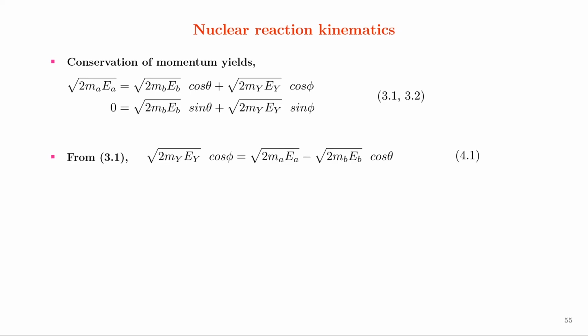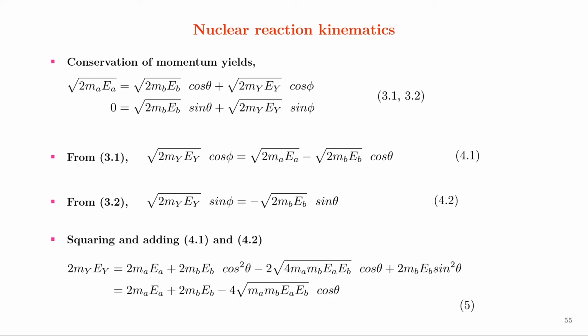From equation 3.1, square root of 2 MY EY cos phi equals square root of 2 MA EA minus square root of 2 MB EB cos theta. From equation 3.2, square root of 2 MY EY sin phi equals negative of square root of 2 MB EB sin theta.